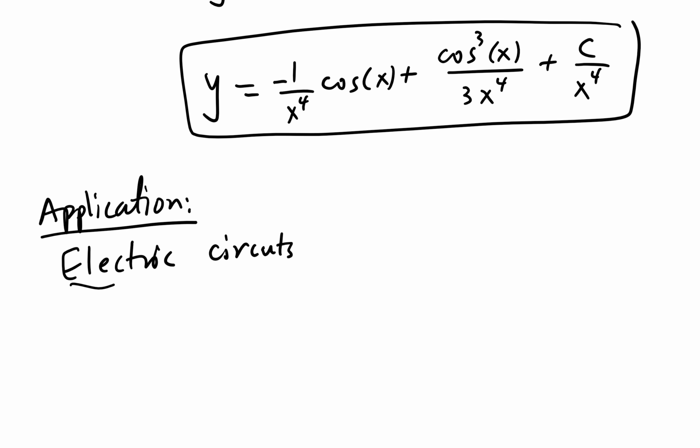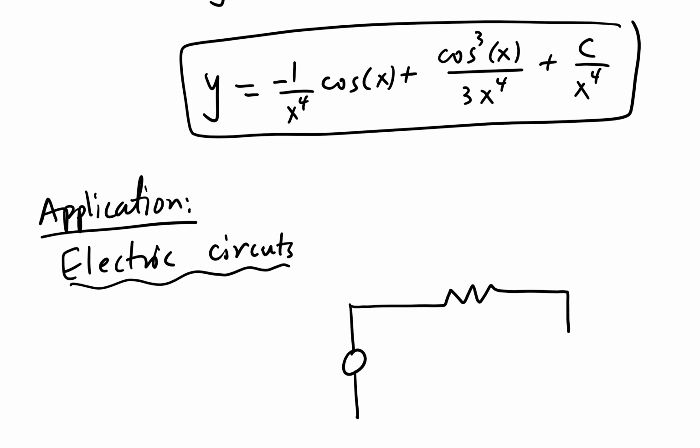What do we have in electric circuits? If you remember how the electric circuit looks like, we have E here, R, L, and this is the switch.